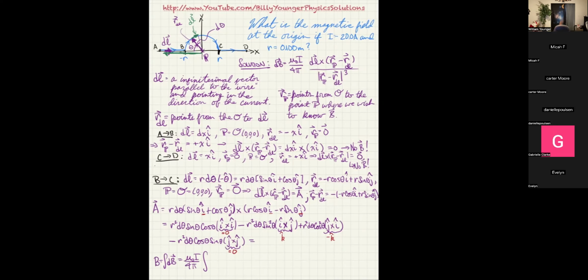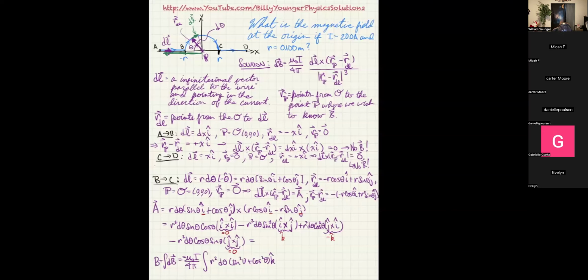So in fact, these two are just basically both negative. So I'm going to pull the negative out in front here. And what I'm going to get is r squared d theta times sine squared theta plus cosine squared theta, like that, and then times k hat.